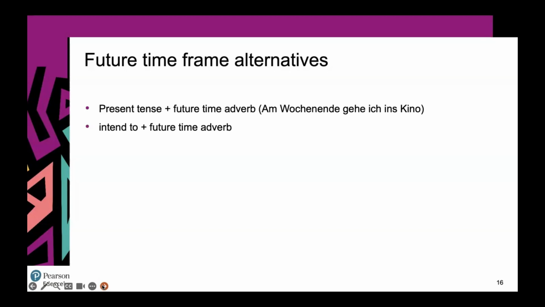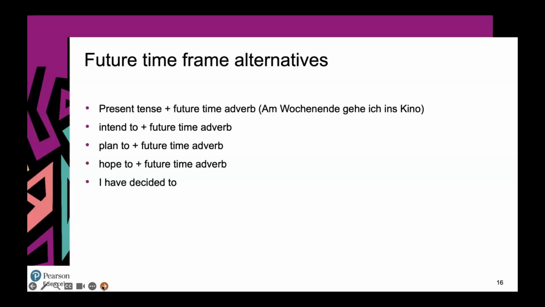You could use intend to plus a future time adverb. Plan to, which somebody has mentioned. Hope to. I have decided to. I would like to. I want to. Now, in German, we do have to be a little bit careful because I want to is ich will, which looks very much like I will.